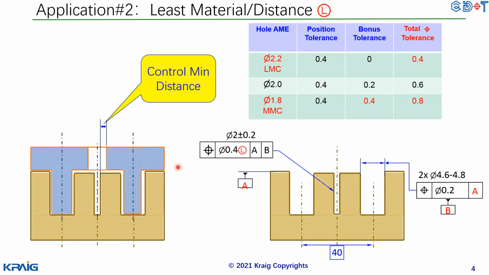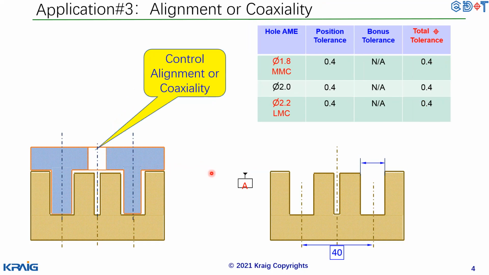The last one is that we need to control the fixed position, or we need to guarantee the alignment between the big hole and the small hole. Sometimes we call this coaxiality: the big hole and small hole should be aligned, coaxial to each other.